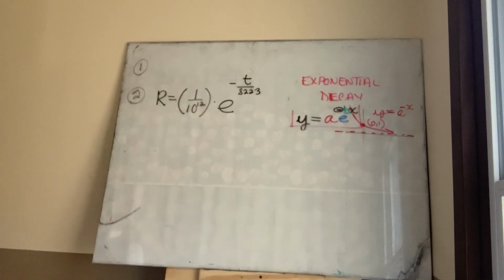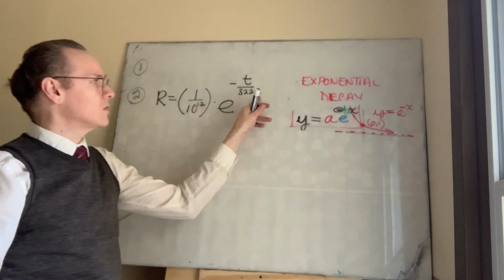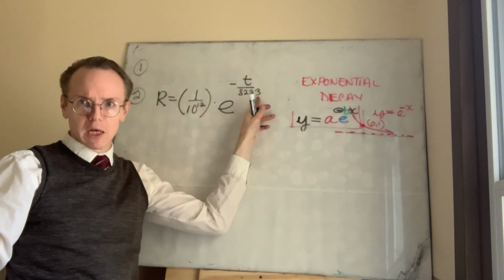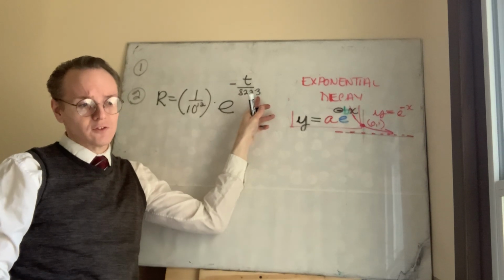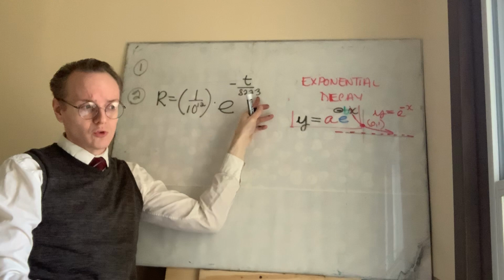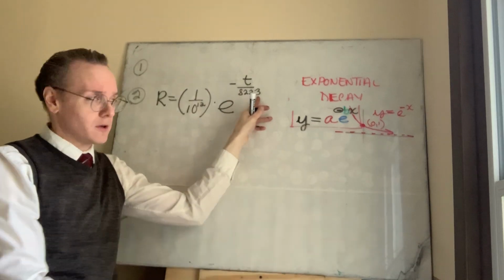I would say that number 8,223 is potentially the half-life, which is how long it takes for the mass of something radioactive to reduce by half.